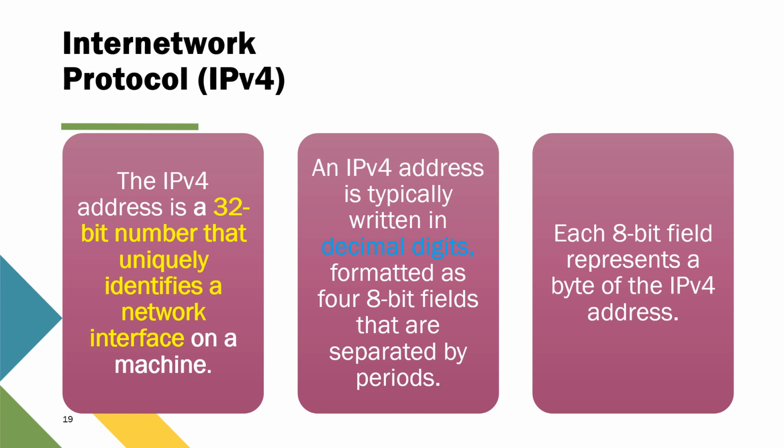The IPv4 address is a 32-bit number that uniquely identifies the network interface on a machine. So it is like an address to a house. This IPv4 address is typically written in decimal digits, meaning it's numbers. It is formatted as four 8-bit fields that are separated by periods. Each 8-bit field represents a byte of the IPv4 address.